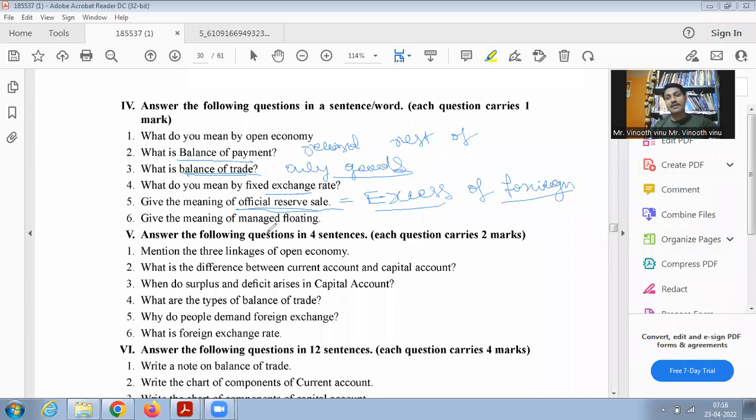Next, give the meaning of managed floating. Managed floating means it is the mixture of fixed and flexible exchange rate system. Next, mention the three market linkages of open economy. Output market linkage, financial market linkage, and labor market linkage. Important.